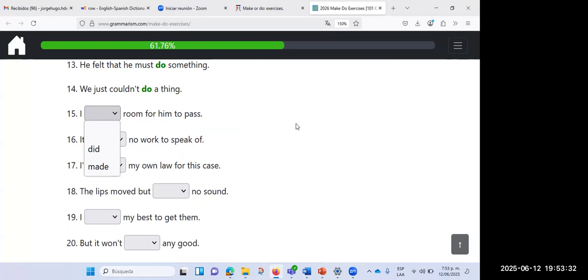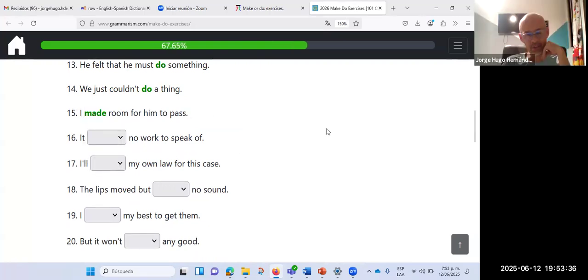I made room for him to pass. Okay, that's correct. Make room, to make room. It's like in Spanish, hacer espacio, hacerle lugar.